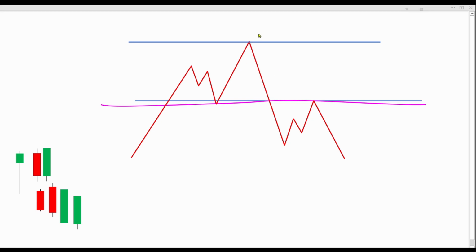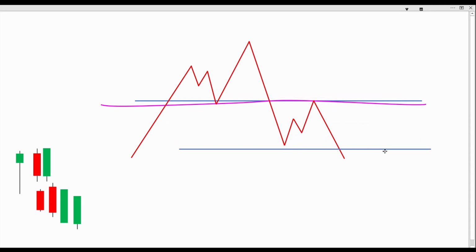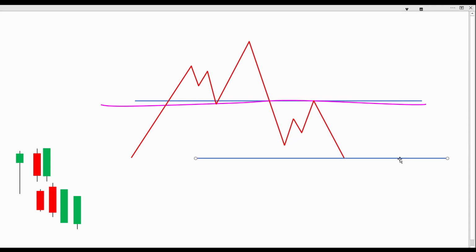So if I have that here, I will enter here with a short position to the downside, and it also works to enter here for the long position. So we have an impulse here, a correction, and then another second leg to the downside.